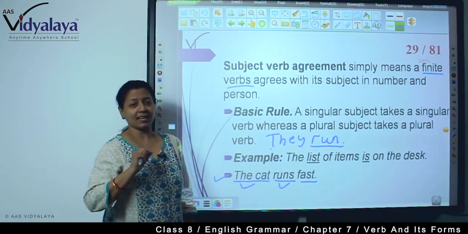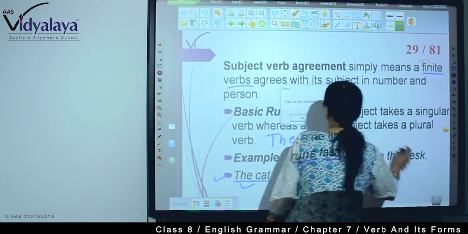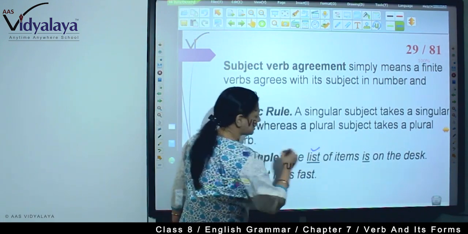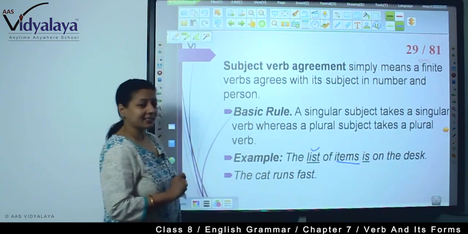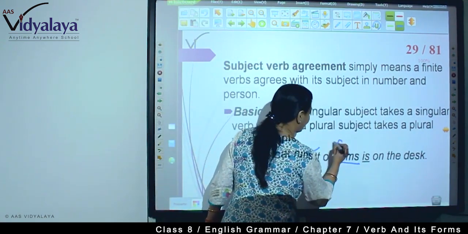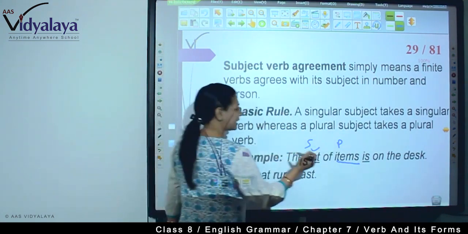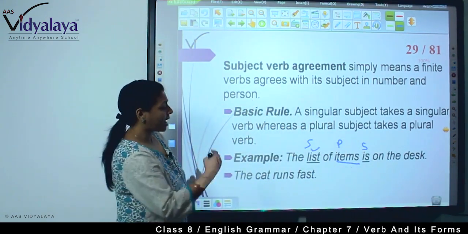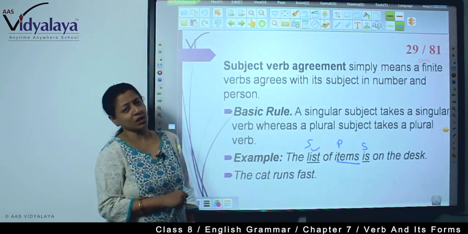But here there is a twist. Here, the list looks singular, but the word items is also here. Items, you know, is plural. But the verb here is singular. You may wonder why, when the plural items is there, this basic rule is not followed.